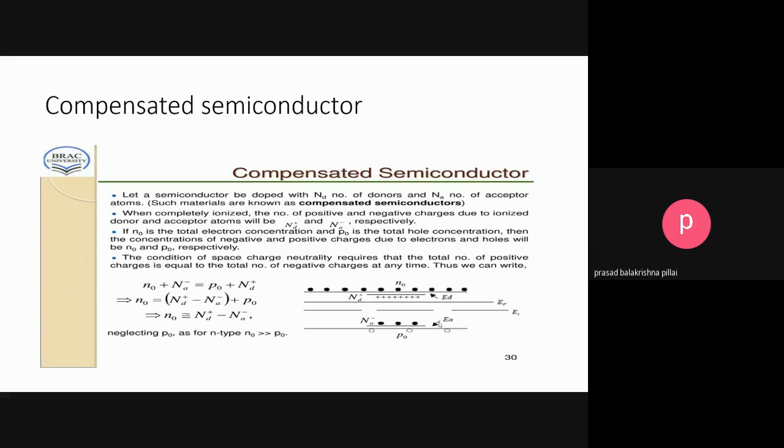Very often we see that there are applications where you need intrinsic or high resistivity material. Normally, it is not the pure intrinsic material we use. Very often we go for a compensated semiconductor, because as such the wafer comes with a prior doping during the Czochralski growth. Very often p-type, in the earlier days of bipolar technology, or n-type, is incorporated.